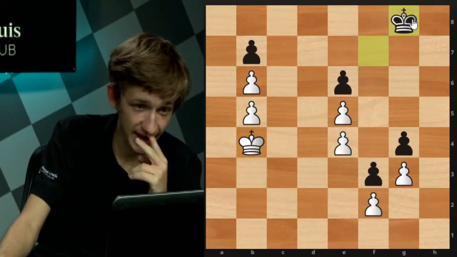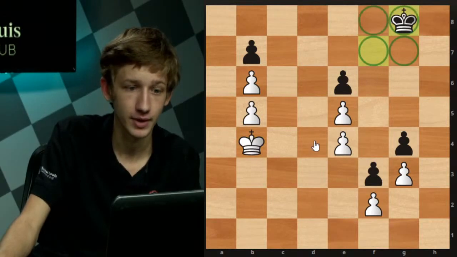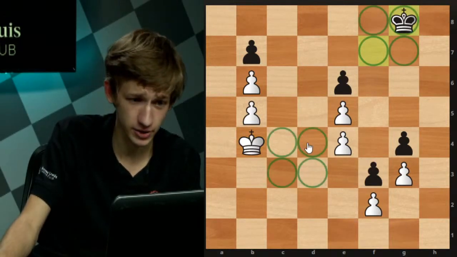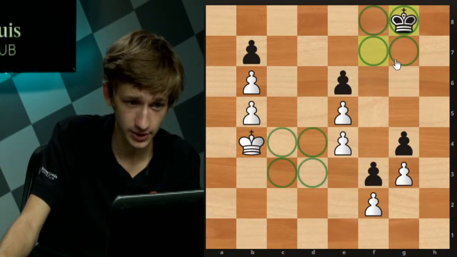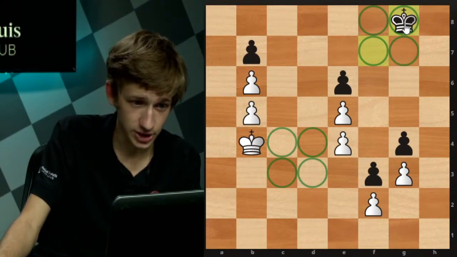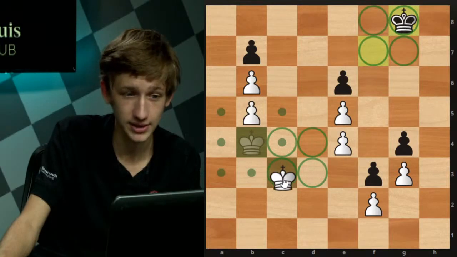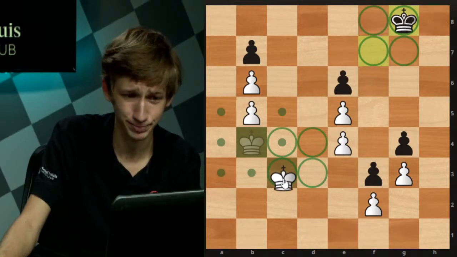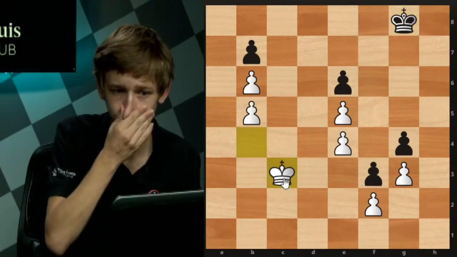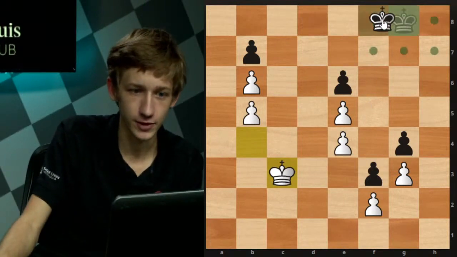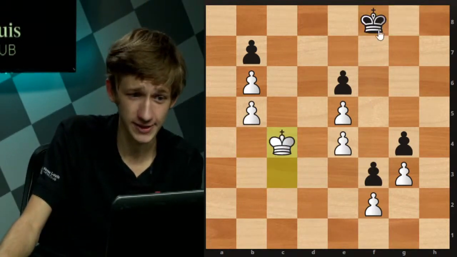King G8 now, for example, would correspond to D4 goes here, D3 goes there. G8 is the same as C3, so King C3 would now win the game for white. And just for example, King F8 means King C4.